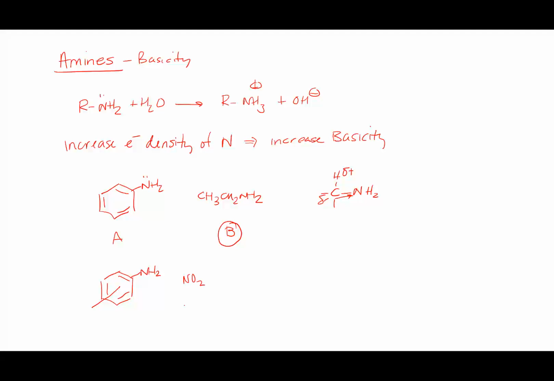A nitro group or a CH3O group. Which of those two groups should I add to the benzene ring in order to make it more basic?